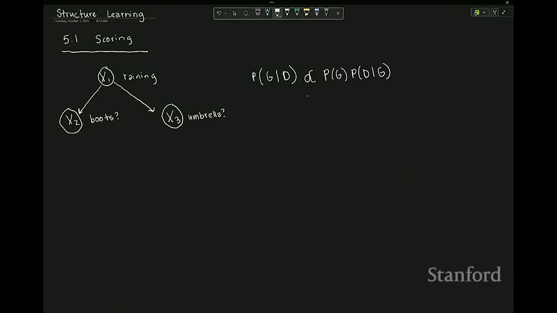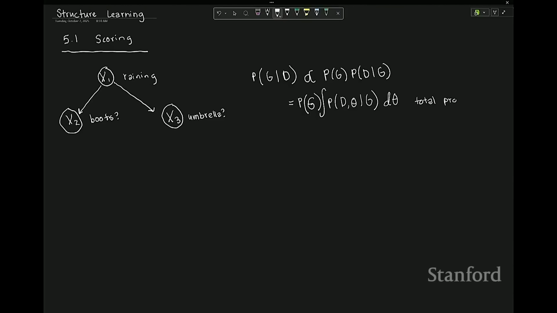And using the law of total probability, we can see that this is equal to the probability of the graph times the integral over theta of the probability of the data and theta given the graph, d theta.